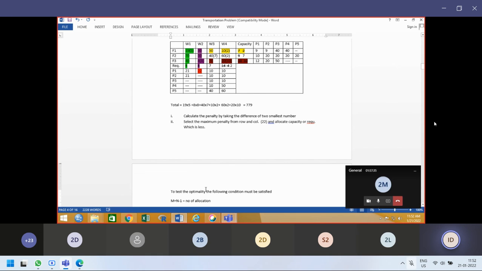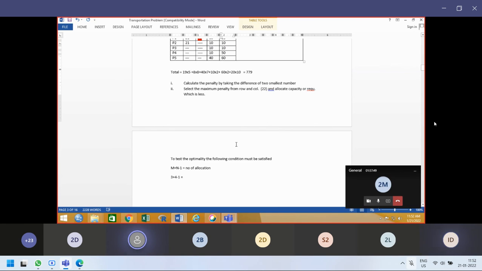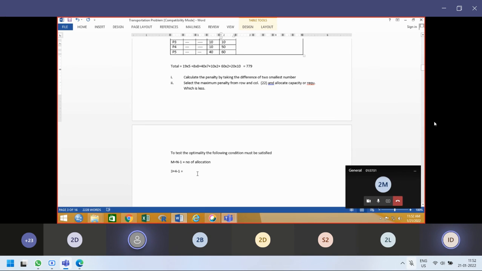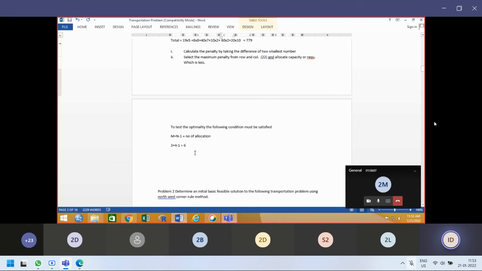Count the allocations: this is 1, 2, 3, 4, 5, and 6. Once again, I will repeat the allocations: 19, 5 and so on, 1, 2, 3, 4, 5, 6. 6 allocations are there.